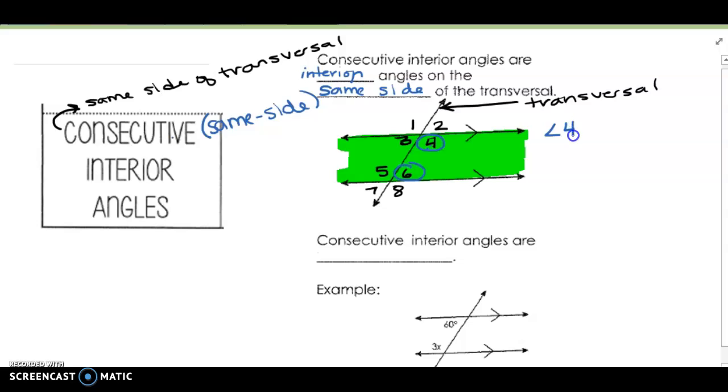So I can say angle 4 and angle 6 are consecutive interior angles. Okay, what would be the other pair? Okay, angle 3 and angle 5 are also consecutive interior.